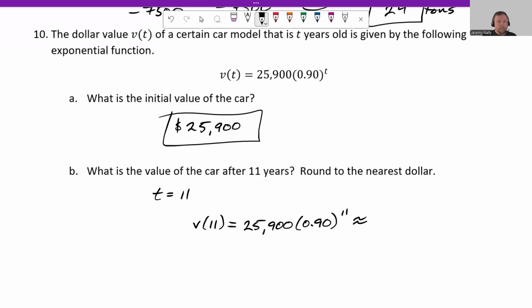Okay, and we're going to round that to the nearest dollar. I get 8,128. $8,128.